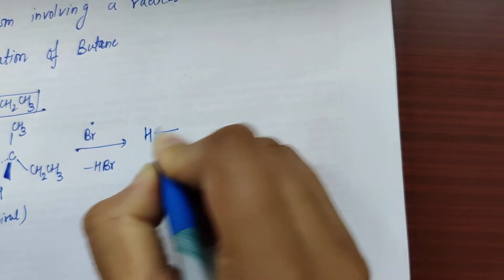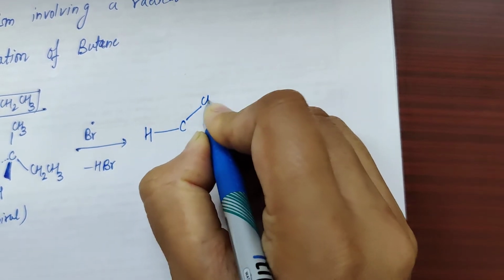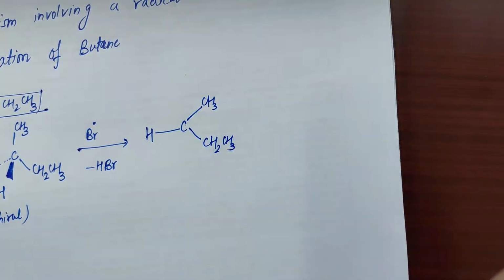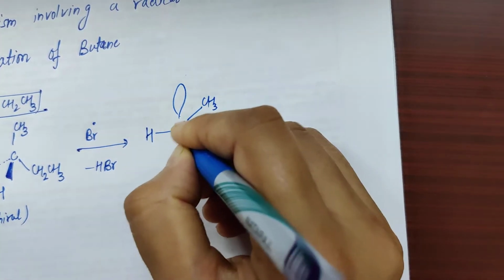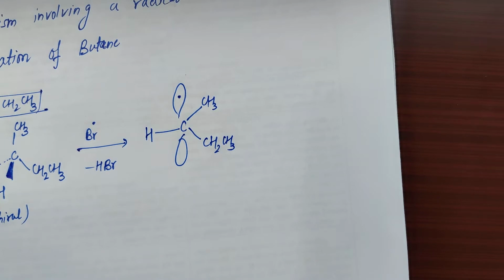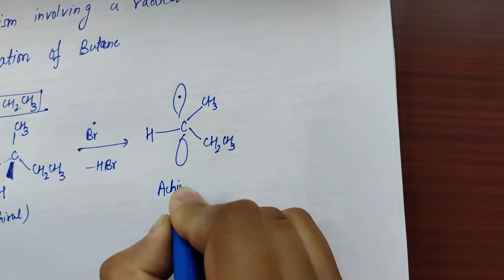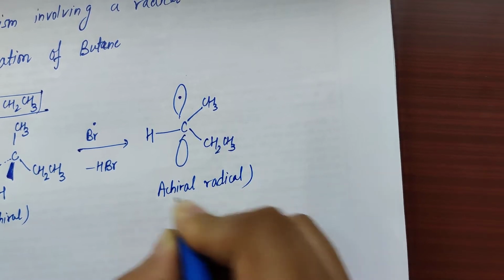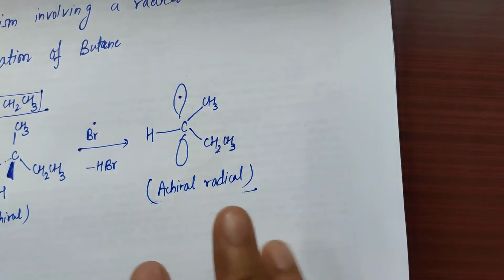So this carbon will have methyl and ethyl, and this carbon will have a free radical present on it. Now this is also an achiral radical. This is not a chiral molecule. This is also an achiral radical.